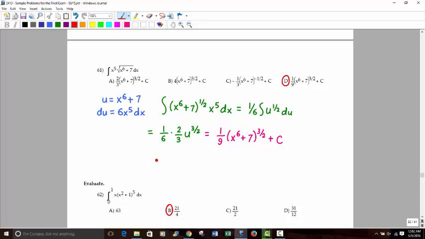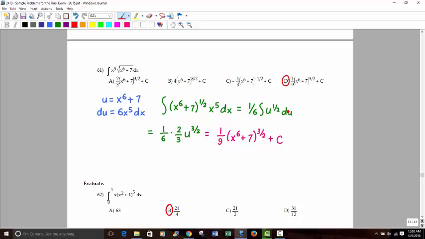And so then the square root would just be represented by u to the 1/2 power. So you have the 1/6 right here, you have u to the 1/2, and x to the 5th dx comes from the du.